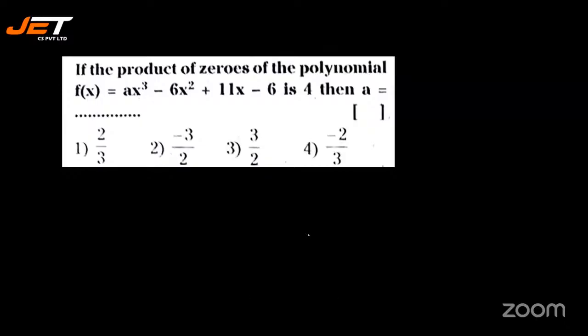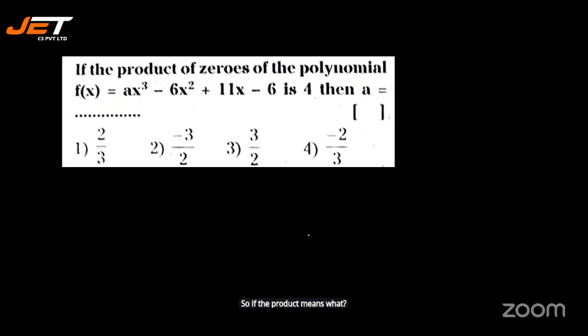If the product of the zeros of the polynomial f of x is equal to ax cube minus 6x square plus 11x plus a. So if the product means what?